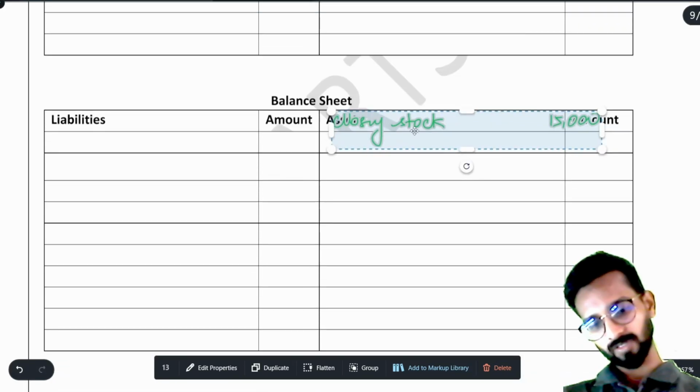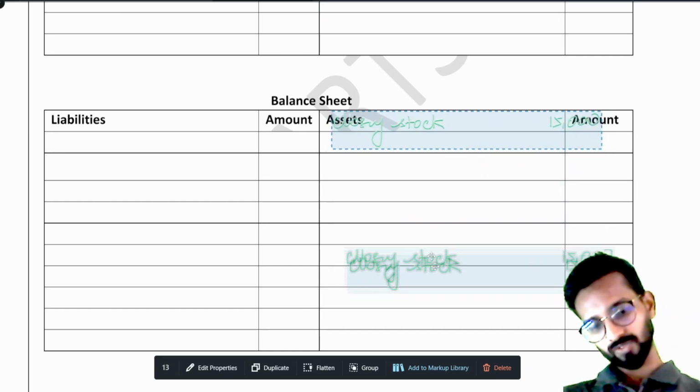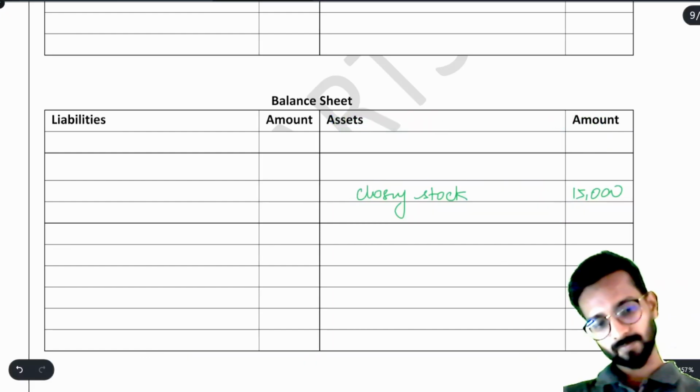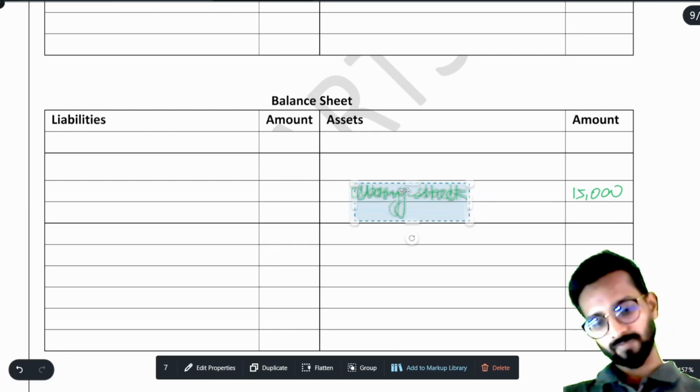See, this is the shortcut you cannot use. You have to write only. Okay. Closing stock, or you can just write here closing stock 15,000. Simple. Do not forget to write closing stock.